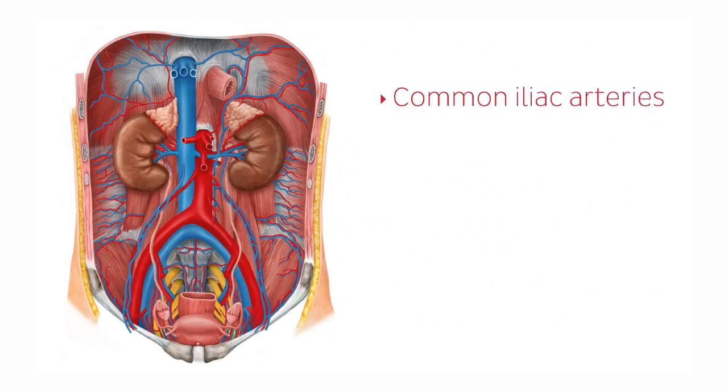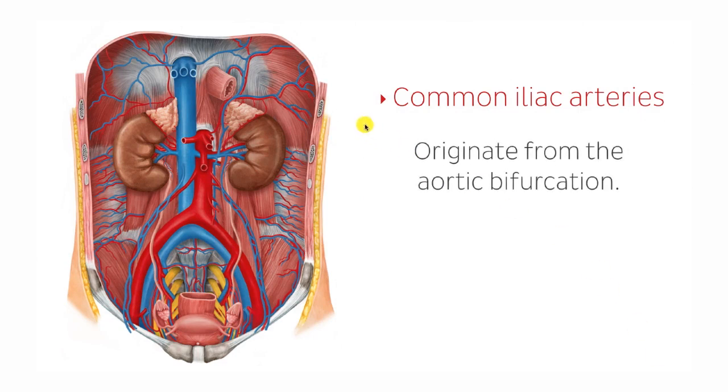A word on these arteries that you're now seeing from an interior view of the open abdomen. You can clearly see here the common iliac arteries. And the common iliac arteries are two large arteries, as you can see here also on this image, that originate at the aortic bifurcation here. So you have here the abdominal aorta, and this bifurcation then gives origin to the common iliac arteries.